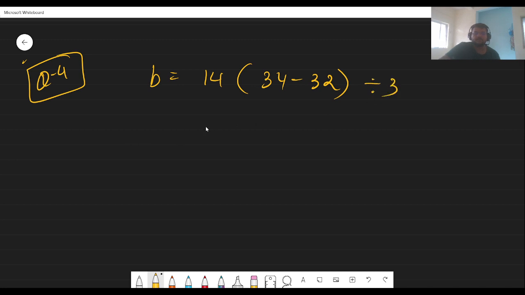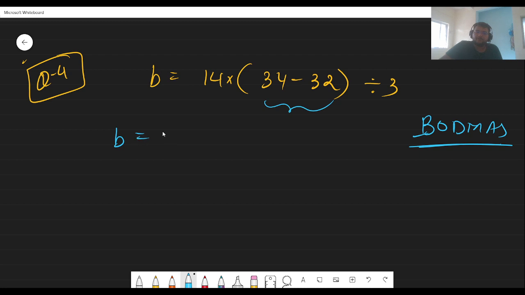Okay. So first, see, this is multiplication, this is division. The first thing we will solve is the bracket, right? As we have learned, the first thing we have to solve is the bracket because it is BODMAS.